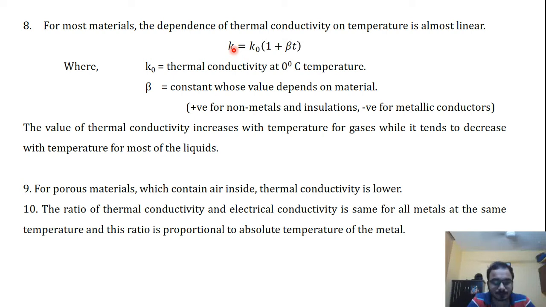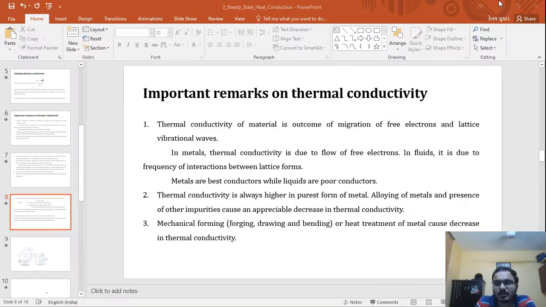And 10th point is, the ratio of thermal conductivity K and electrical conductivity sigma is same for all metals at the same temperature, and this ratio is proportional to the absolute temperature of the metal. So we will discuss this point again.